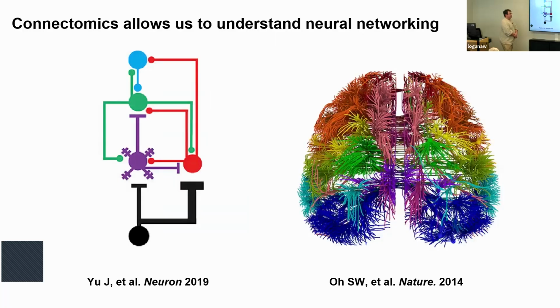And so we focus on the study of what's called connectomics. How do the connections between different neurons, different types of neurons, how do their interactions create this emergent behavior? I have two pictures here. Over here, you have a picture of mesoscale connectivity. This is a type of data called DTI, and it's looking at how different regions of the human brain are connected together through an MRI image.